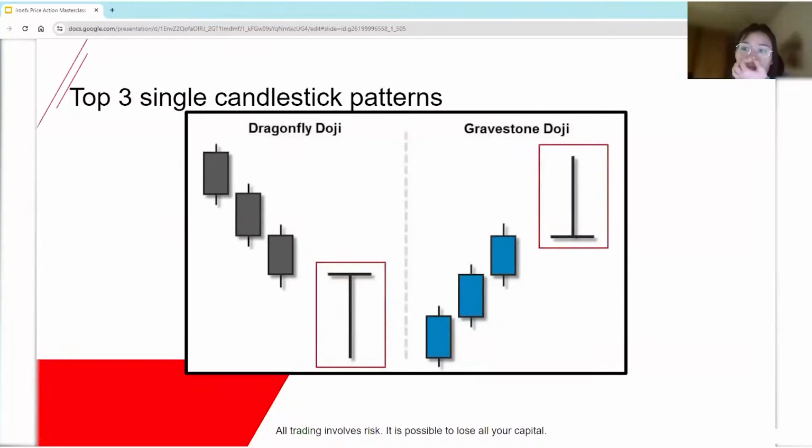Okay, so again, we can see price moving, or rather these candlestick patterns are exactly the same. It's just that in this case, we are looking at a bullish candlestick pattern, and over here we're looking at a bearish candlestick pattern.